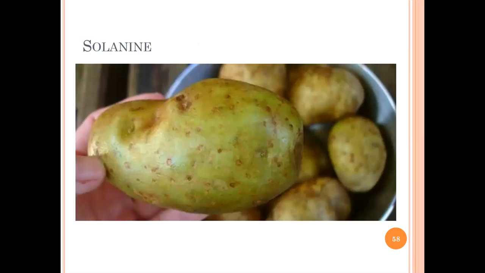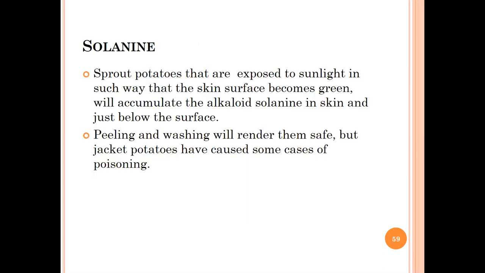Solanin, this name is related to the name of sun, because it's accumulated, for example, in potatoes, if they are stored under direct sunlight, and potatoes become green. And also solanin can be accumulated in green tomatoes, in eggplant, for example.